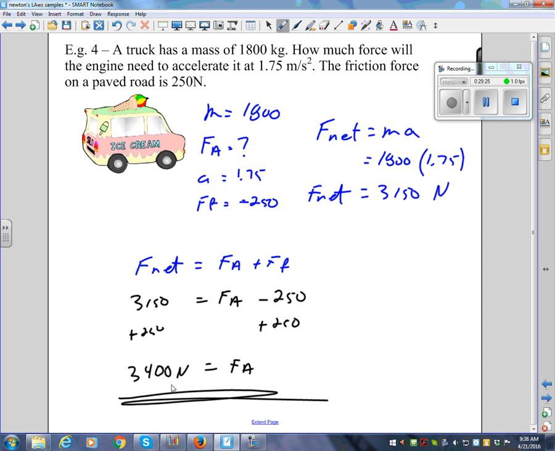Of that 3,400 newtons of applied force, how much goes to friction? 250. How much is left over? 3150. What does the 3150 do? Accelerate it. Right? You need to push harder than you need because there is friction.